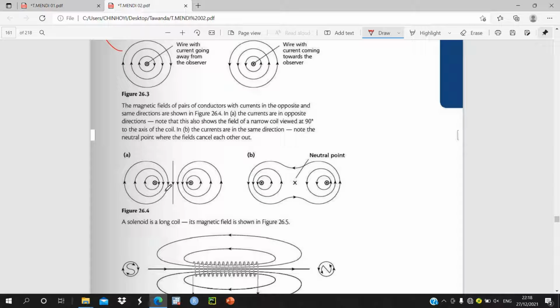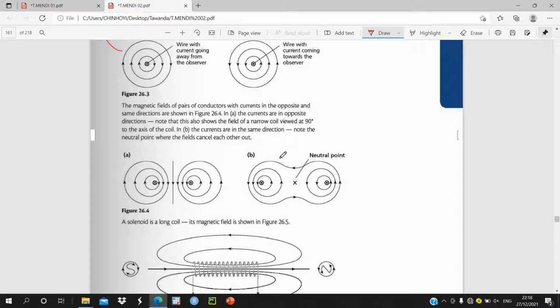current carrying conductors. But if we have two conductors carrying current in the same direction, they are going to be repulsive forces. As you can see here, we are going to have a neutral point, so there are no forces of attraction here, there are repulsive forces.